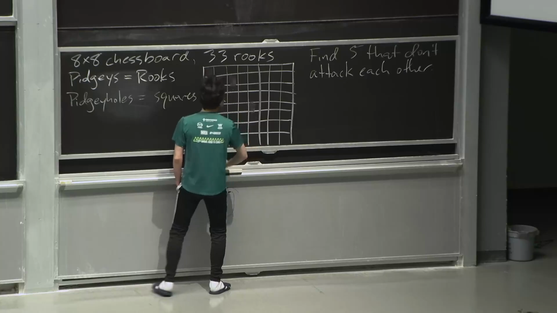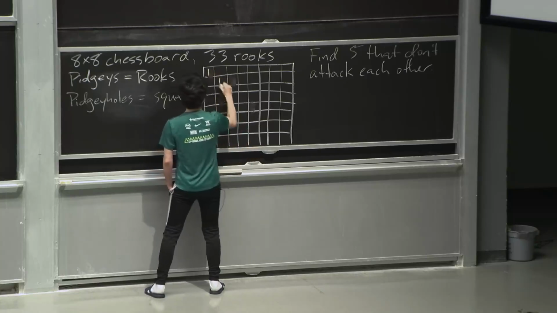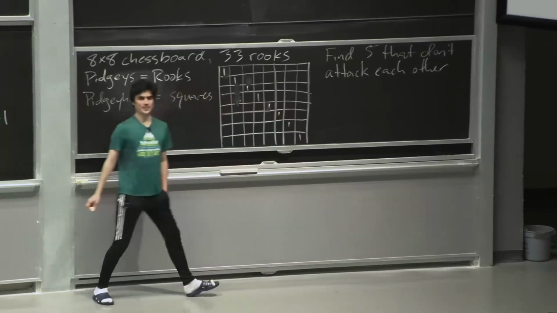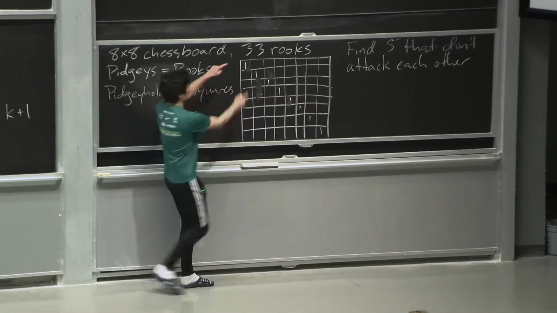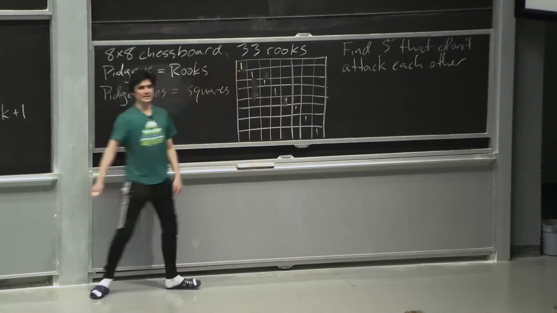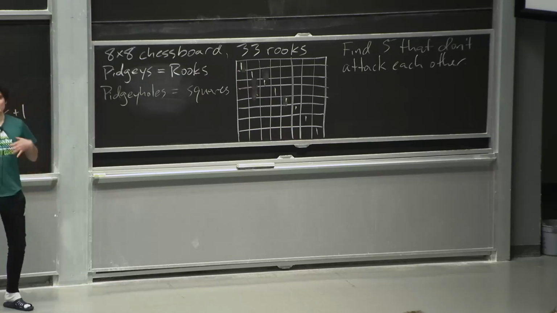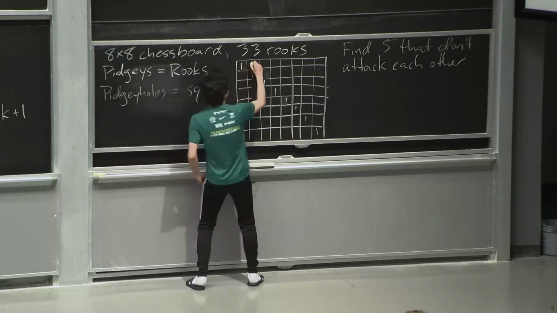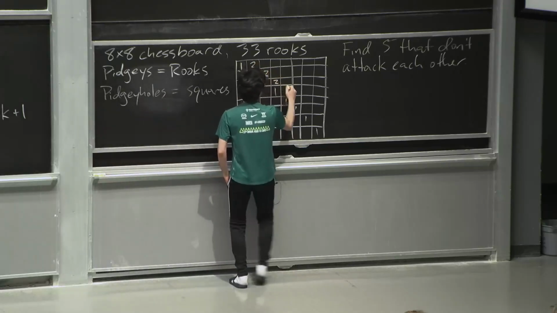Okay? So I'm going to number all of these squares. Everything numbered 1 is going to be our first pigeonhole. So if we get 5 rooks along the main diagonal, all of them are going to be in different rows and different columns, so they won't attack each other. So that's good. Number 2 is going to be offset by 1.